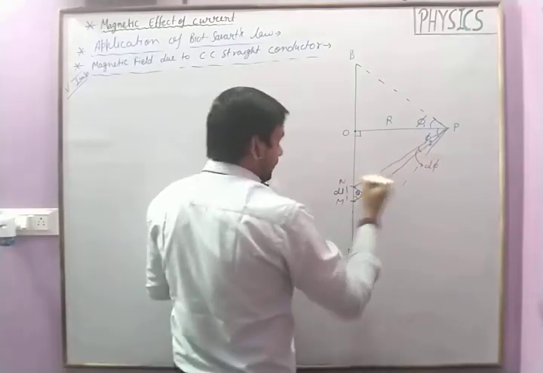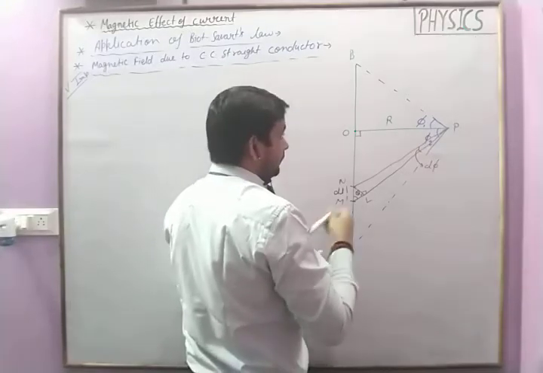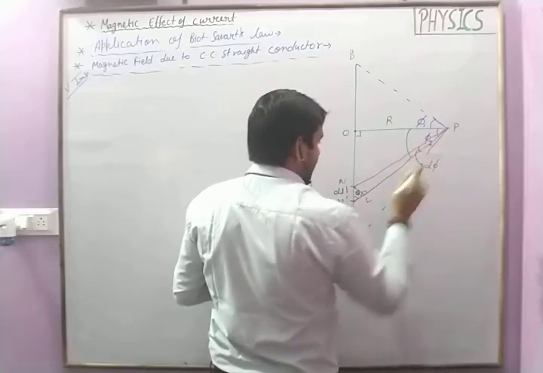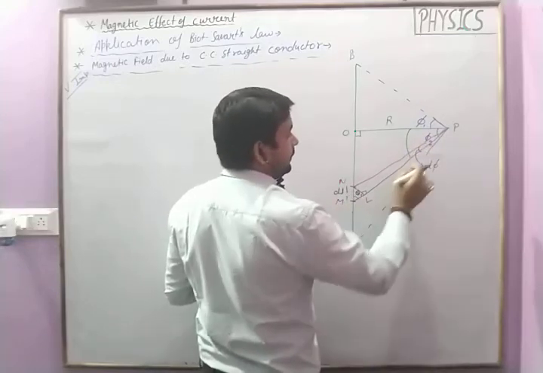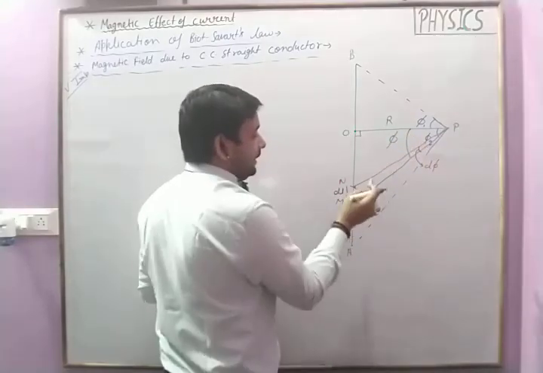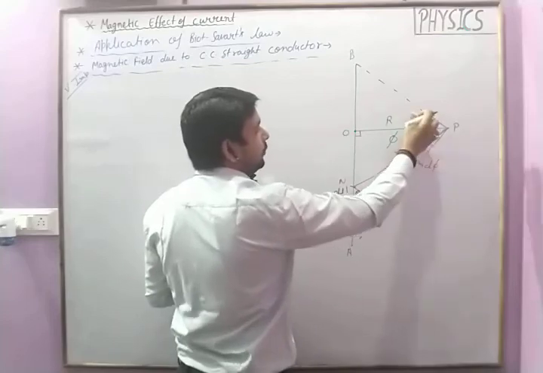And when we calculate the angle for this MPO, this angle is phi, and phi from A to B will change as theta 2 to theta 1.